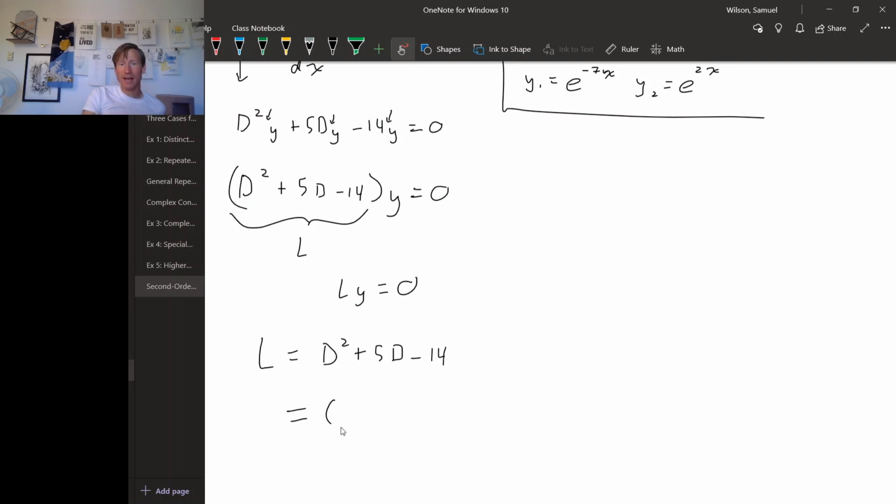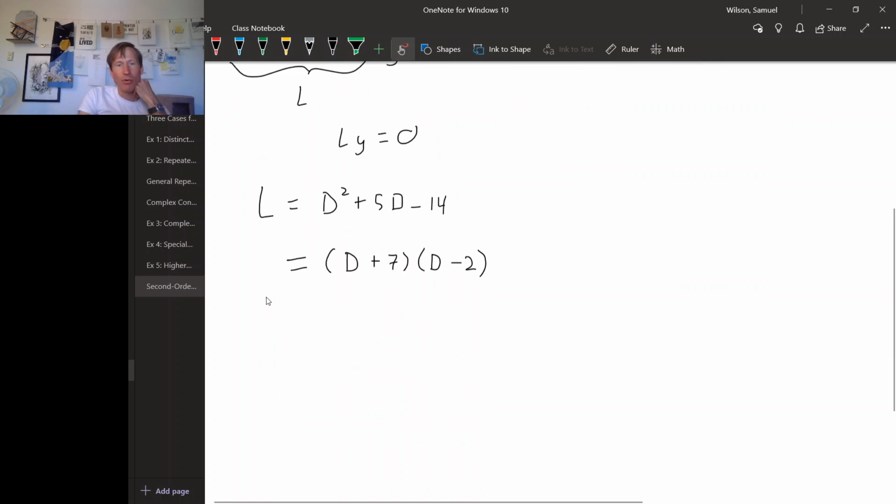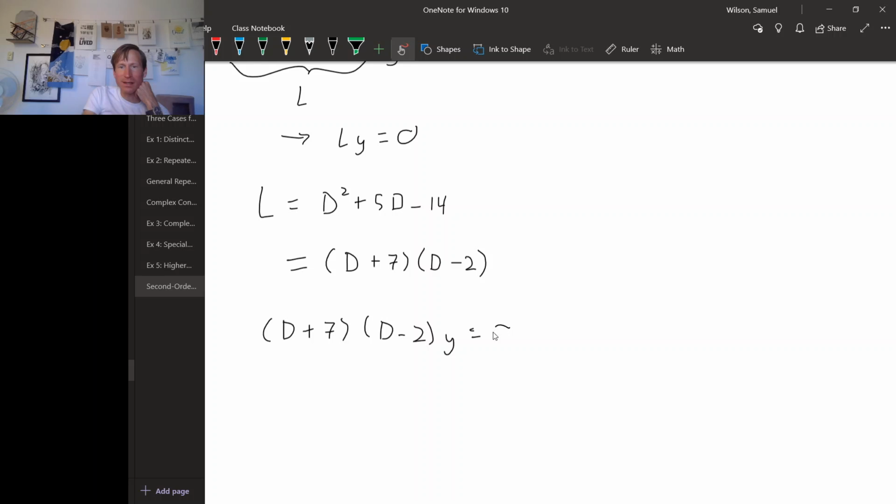It factors just like the characteristic equation did. It's D plus 7 times D minus 2. Okay, so to solve this differential equation, what we're really looking for is a solution to D plus 7 times D minus 2 applied to y equals 0.